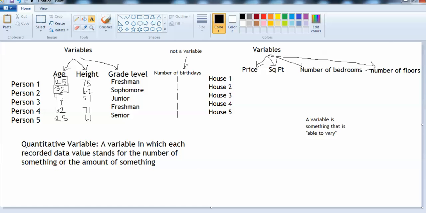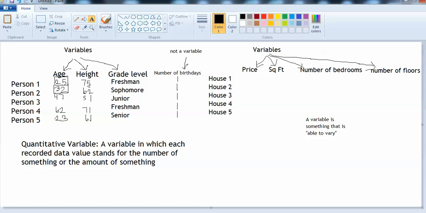So each person's age and height are both quantitative variables, because each person's age is an amount of something. You could think of it as the number of years that the person has lived, or as the amount of age that the person has. Each person's number is a quantity.